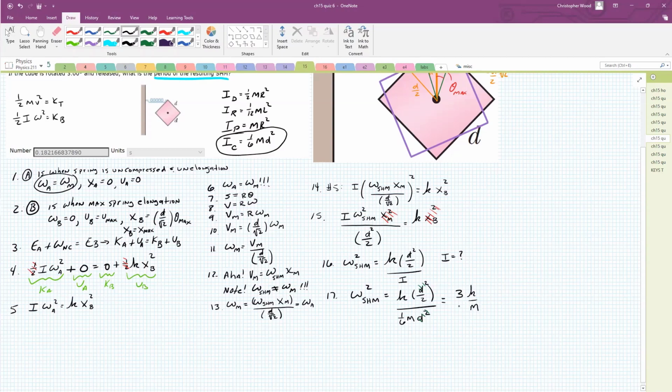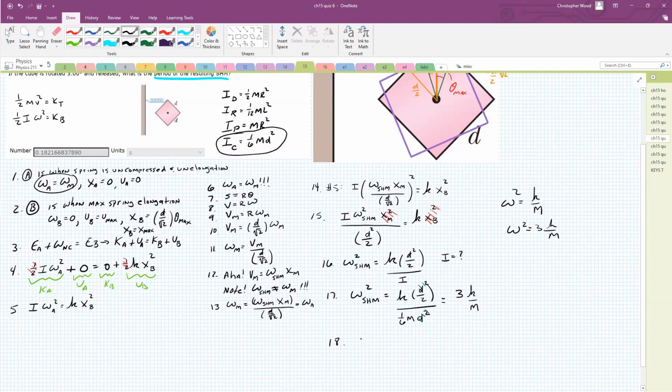Interesting, because look how similar that looks. For a simple spring mass system, omega squared was k over m. This is not a simple spring mass system. It's a spring cube system. So we don't have omega squared equals k over m. We have omega squared equals 3k over m, unless I'm forgetting something. Well, we'll find out. I can't see anything I'm forgetting.